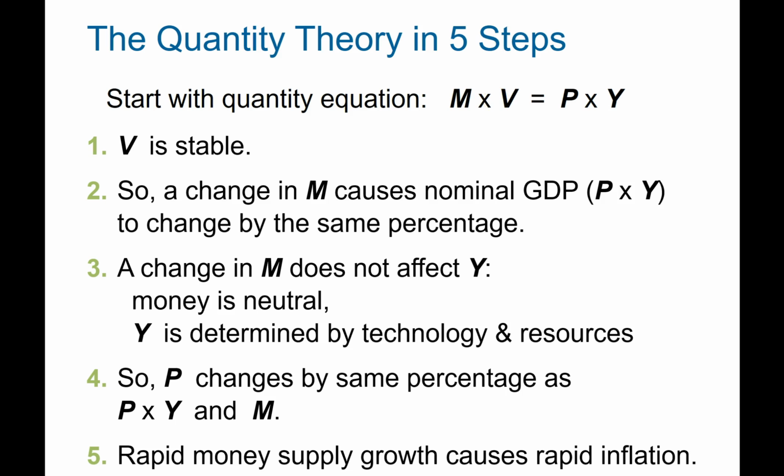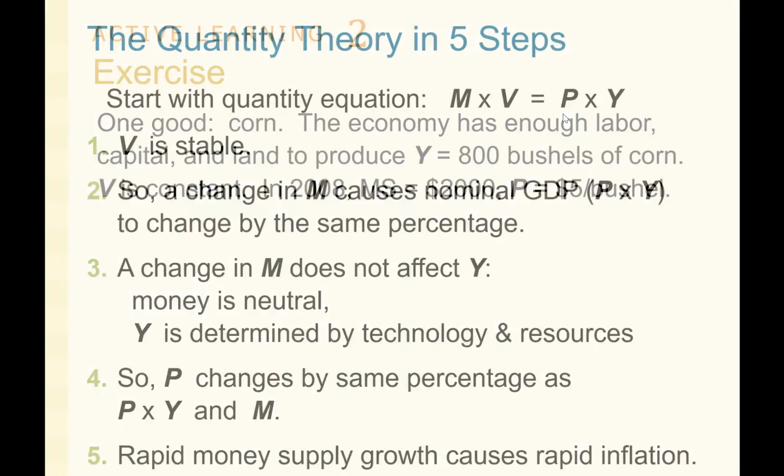So just mathematically, if you look at the formula again, changing this value of M has the effect on this P only, right? We said that velocity is stable and that Y is determined by technology and resources. So a change in M really only changes P, or the price level. So the connecting idea here is that rapid growth in the money supply is going to cause rapid increases in the price level, which we call inflation.